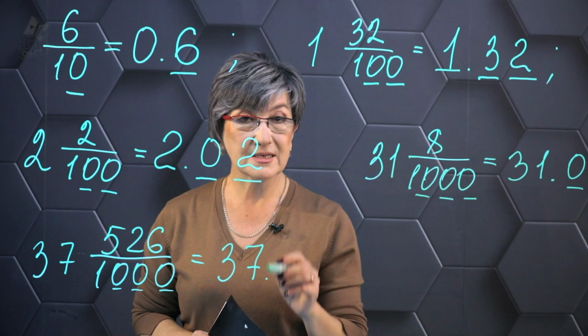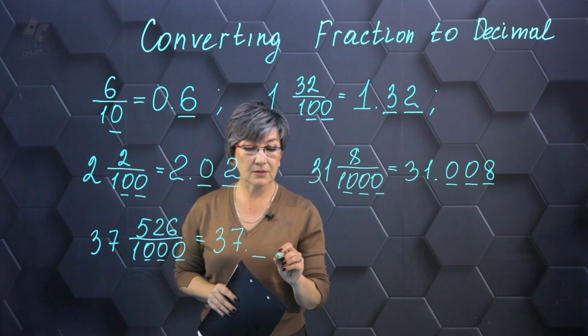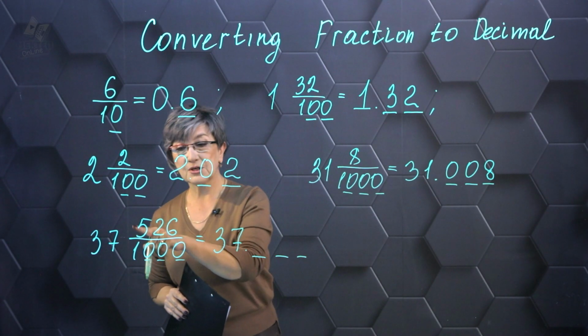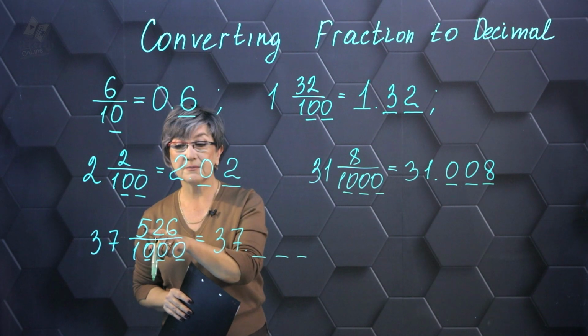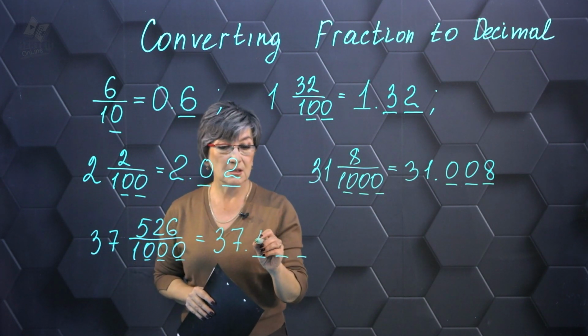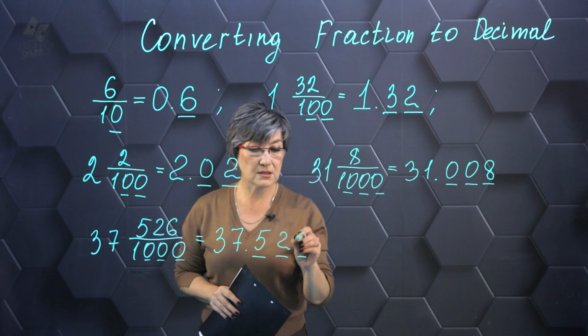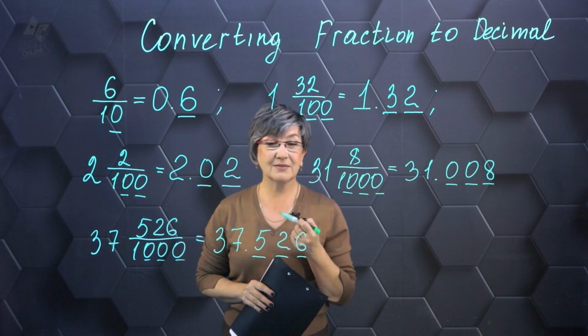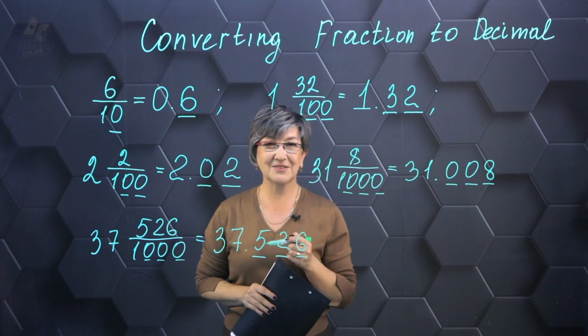Therefore, I must write 3 digits after our dot. Pay attention to the numerator. I have 3 digits in the numerator, 526. Therefore, the result is the decimal notation of this number. It is 37 whole 526 thousandths.